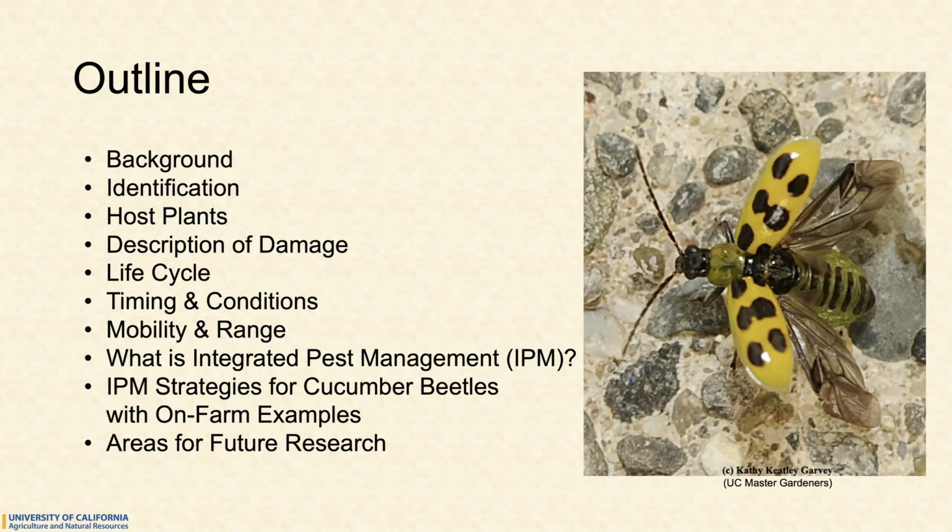I'll briefly go over what IPM is, and then we'll talk through IPM strategies for this pest specifically, with some really great on-farm examples from local farmers in the North Bay area who very kindly agreed to let me use their farms and their strategies as examples of IPM. And then I'll briefly touch on some areas where we need more future research.